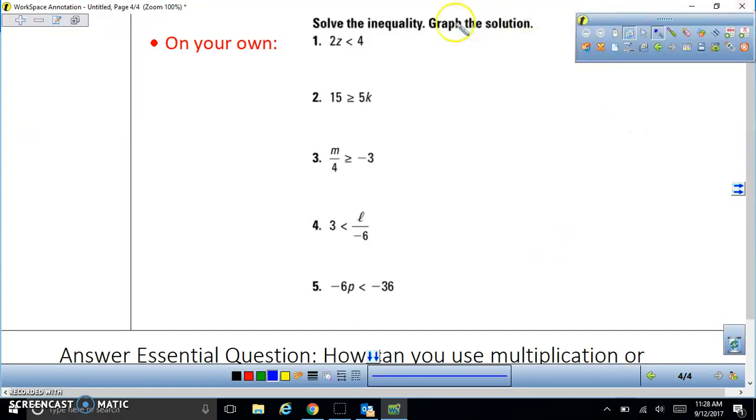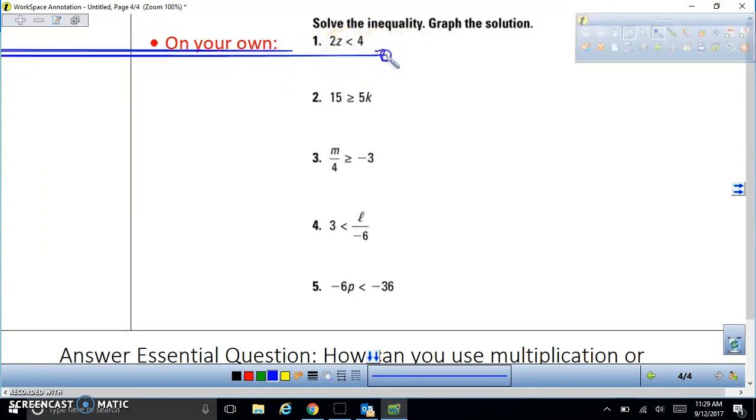Thank you for trying the on your own problems by yourself first. Super important that you do this by yourself and don't just copy down what I'm doing. Okay? So, we would have got Z. Z is still going to be less than 2. And then I should see your graph.